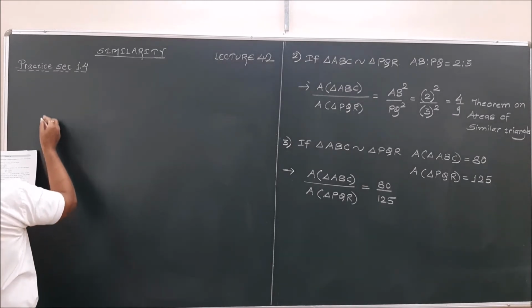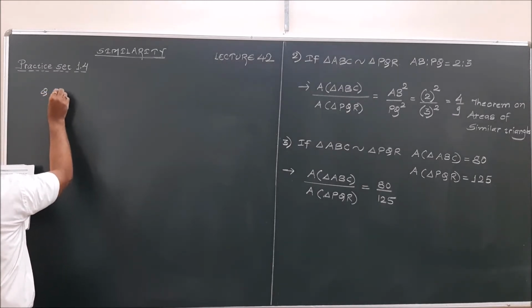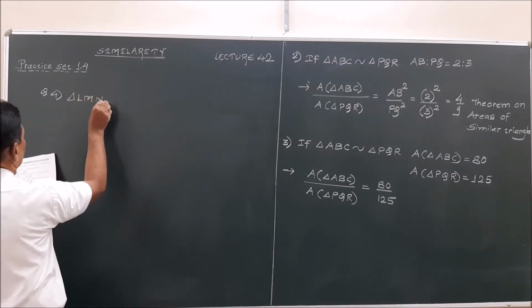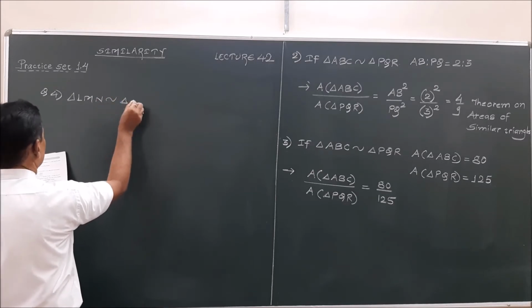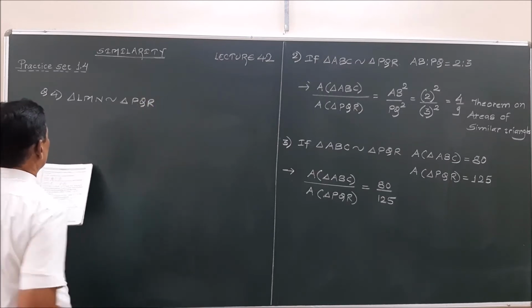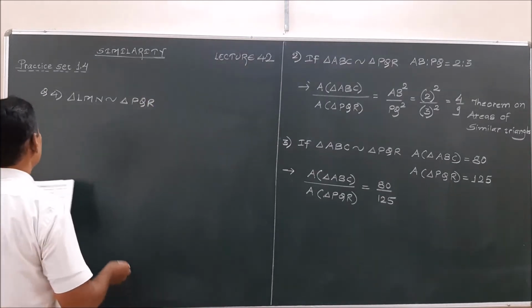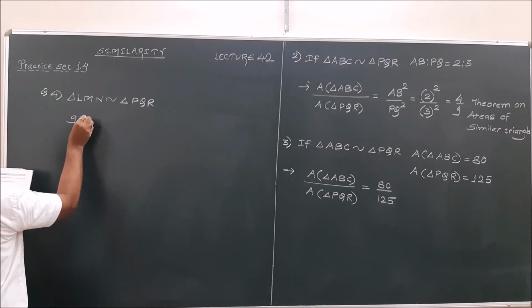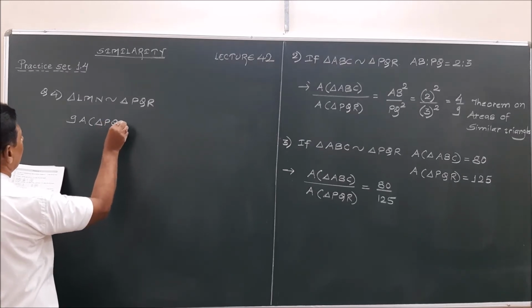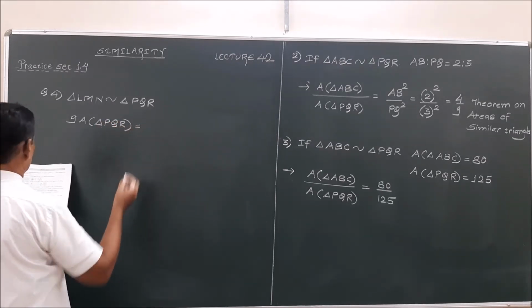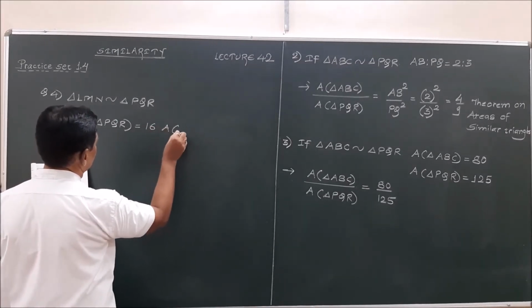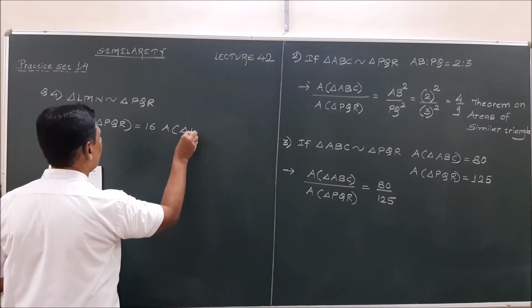Question number 4 is, triangle LMN similar to triangle PQR. 9 times area of triangle PQR is equal to 16 times area of triangle LMN.